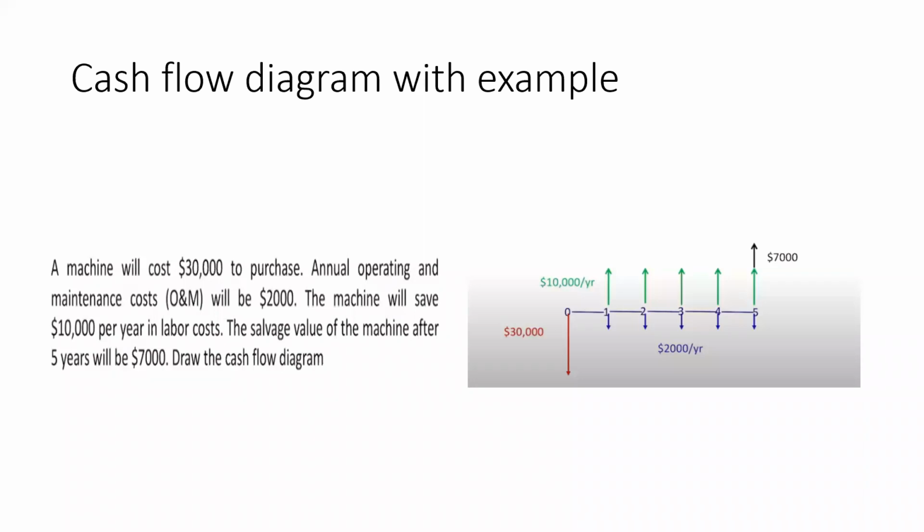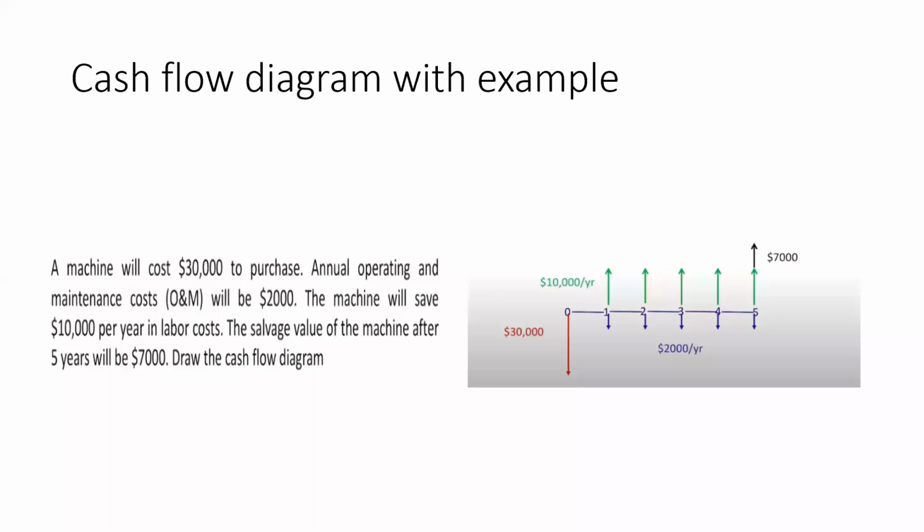Since it is saving, I'll be having an addition. So for the first year the machine will start saving $10,000. Remember that same year I need to maintain the machine for $2,000. So the $10,000 minus the $2,000 will give us the effective cash equivalent for that year.